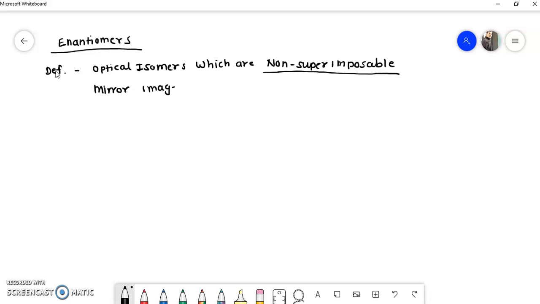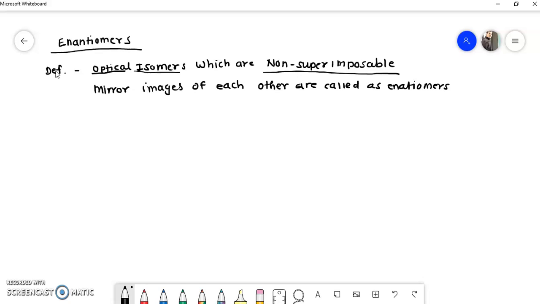So optical isomers which are non superimposable mirror images of each other are called enantiomers. When we see the example, you will clearly understand what enantiomers are. Up to now just remember that optical isomers which are non superimposable mirror images of each other are called enantiomers.